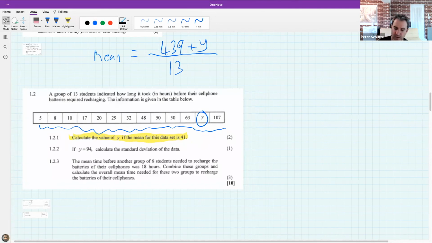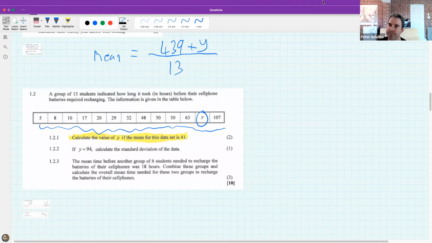Now, how am I going to find the value of y? What other information do I need? What can I still use? Who has, maybe you can raise your hand and tell me what to do. What information haven't I used that I can still use? The mean is 41.